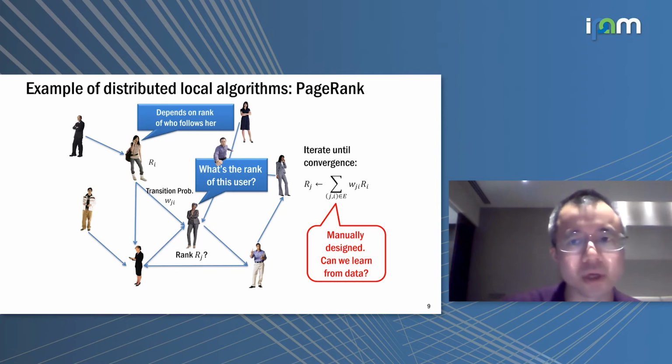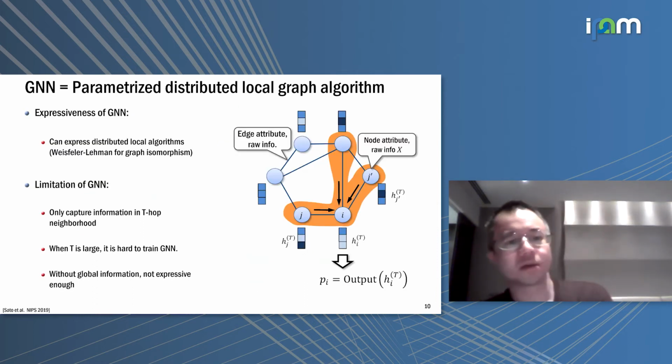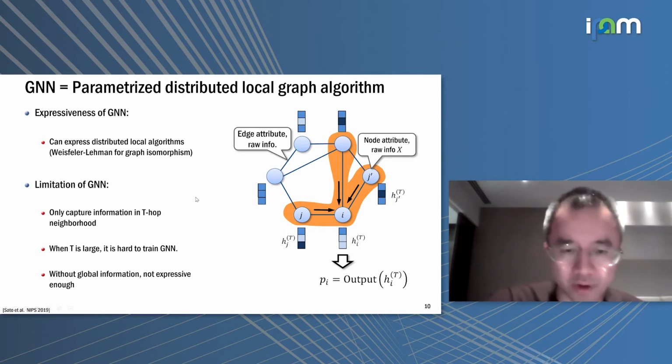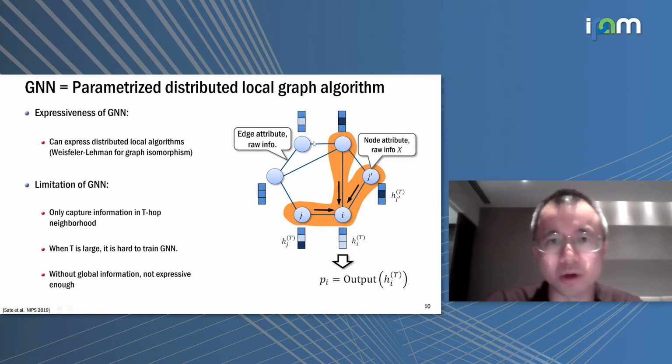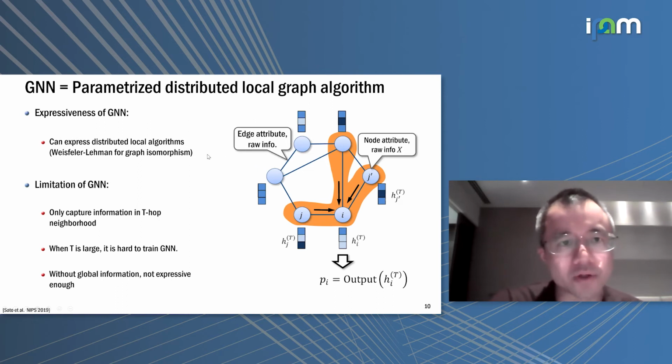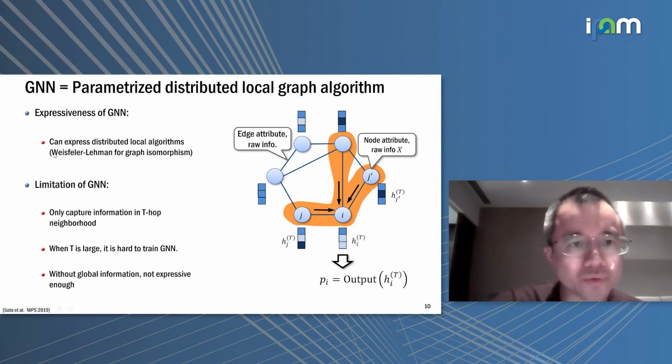People have also studied the limitations, in some sense, of graph neural nets in the framework of distributed local algorithm. First, in terms of expressiveness, graph neural net can express algorithms such as the Weisfeiler-Lehman algorithm, an approximate version of it, but it also exposes some limitations of graph neural nets.